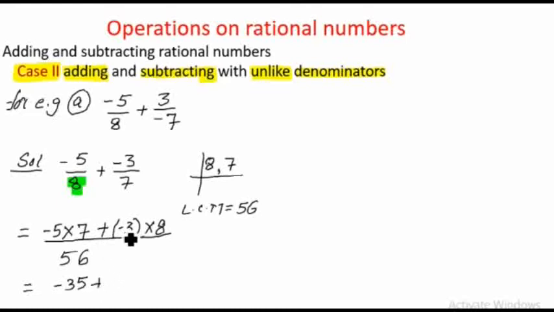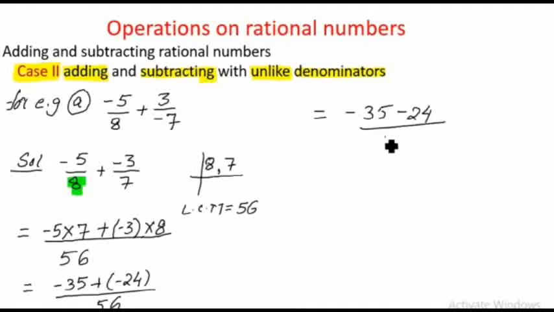plus minus 24 by 56. So you will get minus 35 plus into minus, you will get minus upon 56.